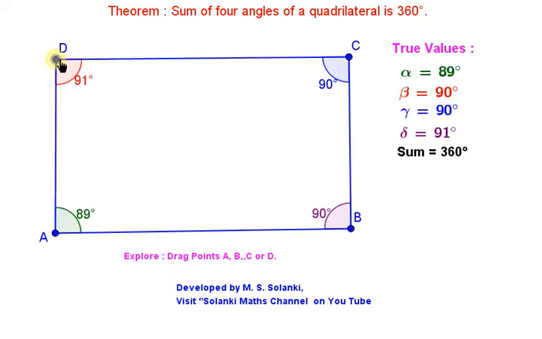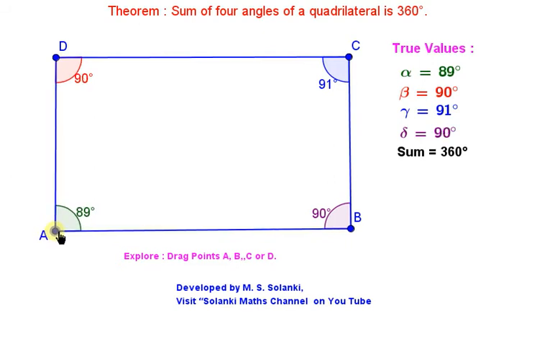It is a little bit tedious job to drag the points and get all the angles equal to 90 degrees. This angle is also a little bit more. I want to use control.